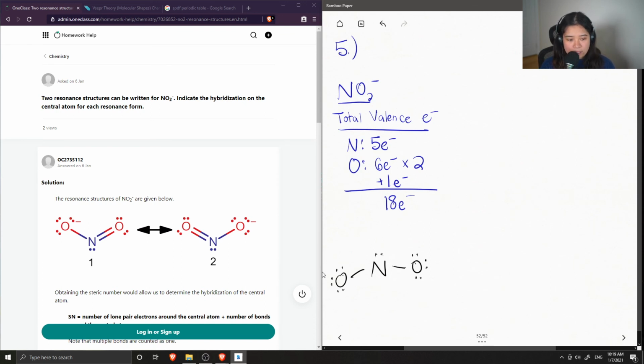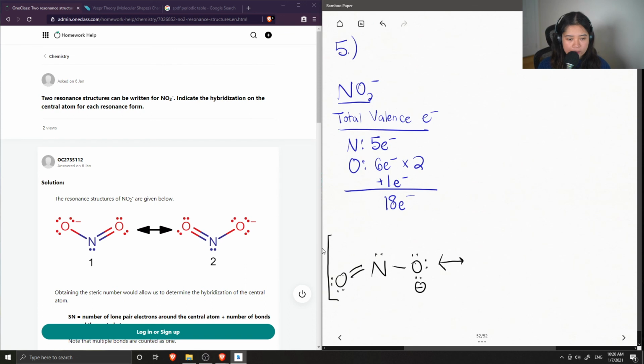You'll notice that nitrogen does not have a full octet yet, so I'm just going to bring one of these electrons down and form a double bond with this oxygen. Okay, so this is one of the Lewis structures of the NO2- ion.